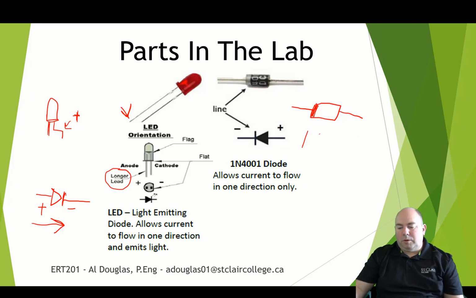So typically what we'll do is going to the board and from the board, if this is our breadboard over here, this is going to be our positive row, this is going to be our negative row, and then our power supply or battery, this is the positive here, this is the negative.